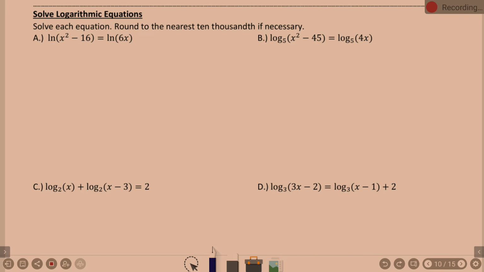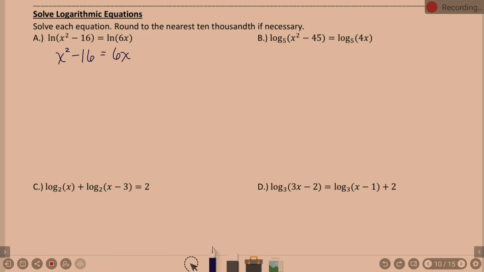What would make sense about their insides? Set them equal to each other, right? Because if it's the same base, natural log, and they are equal to each other, those insides have to be equal to each other. So we're going to drop off the natural logs and set up the remaining pieces as an equation.